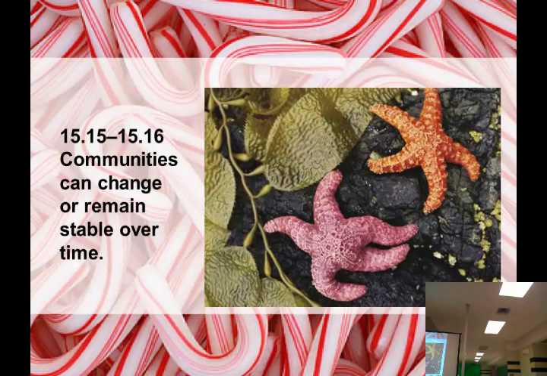Talking about these different types of organisms within this community, communities can remain stable over long periods of time, or they may be in constant fluctuation where certain species' numbers are going up while other species go down. We look at it over a long span of time.